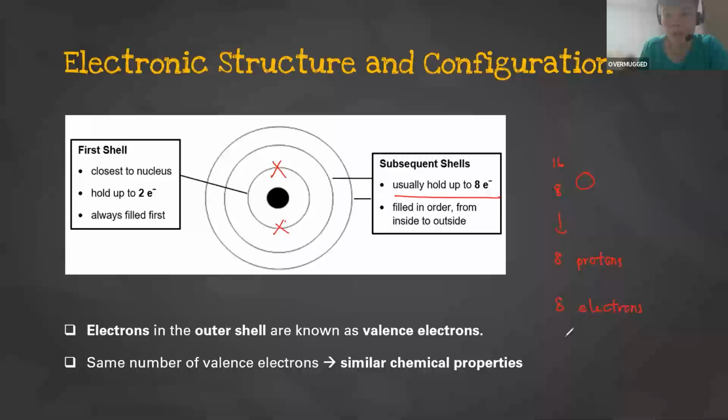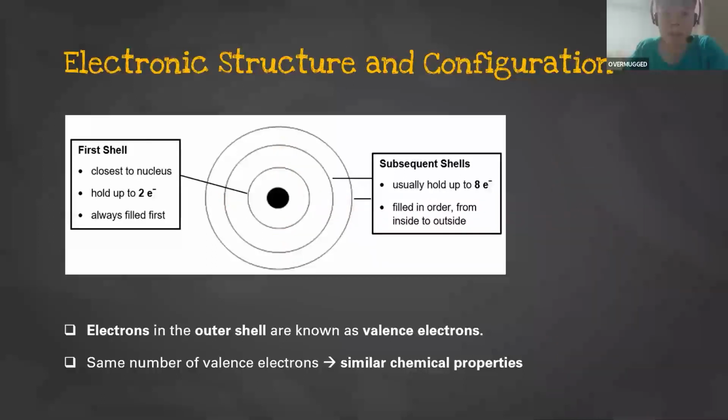So I used 2 already. I'm left with 6. So how do I fill up this 6? Fill up singly first. Your school may tell you north, south, east, west, clockwise, anti-clockwise, doesn't matter. As long as you fill up singly first like that, before pairing them up. Then like this. This is the proper way to do it. So this is an example.